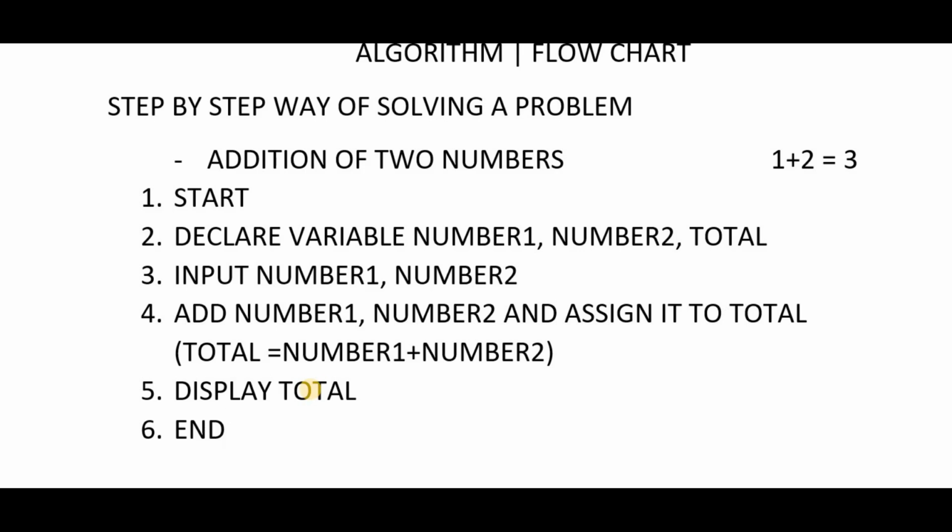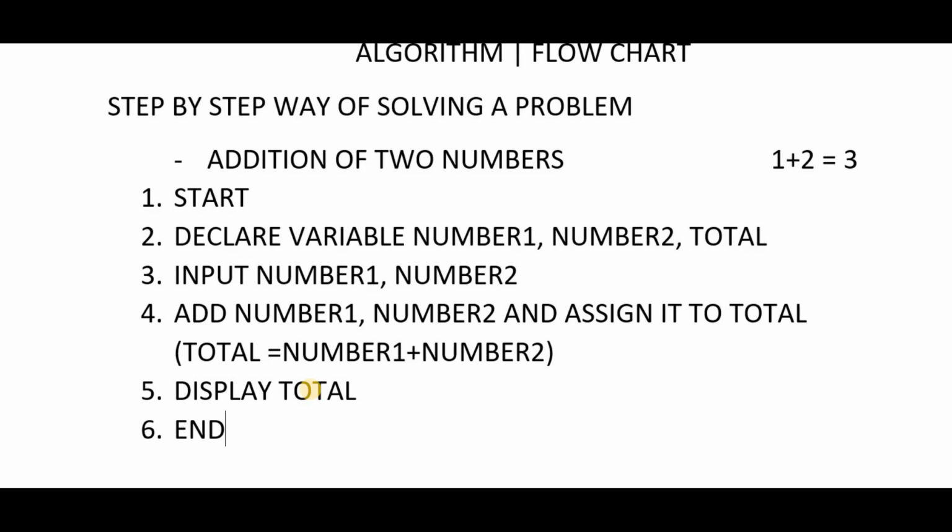But I will say a well-defined step-by-step way of solving an addition of 2 numbers, and it follows. You start, you declare variable number 1, variable number 2, and your total. You go to the next stage, you input. That's by entering your numbers. You enter the number 1 value, the number 2 value. You are done. You go to the processing aspect.